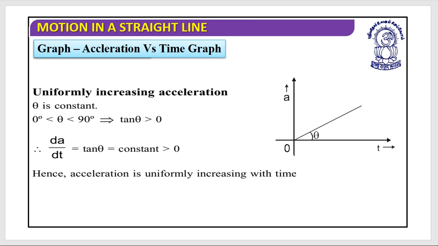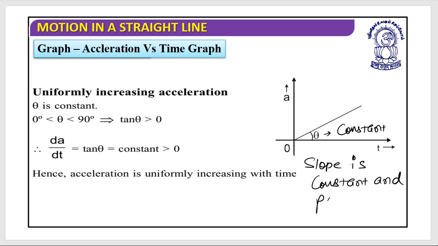Acceleration versus time graph. What does it represent? This is theta. Theta is constant. Slope positive or negative? Yes, slope is constant and positive.